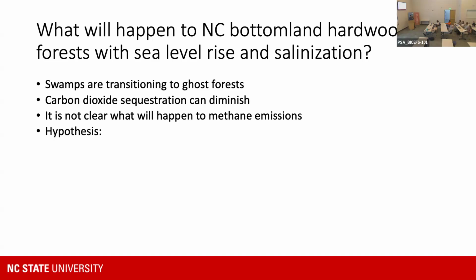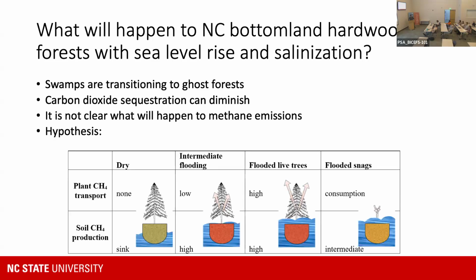One hypothesis that we are trying to think about is if we have a forest that is in dry conditions and not a lot of methane is produced, then you have low methane emissions. But as the sea level rises, you may create more anoxic conditions where methane may increase.